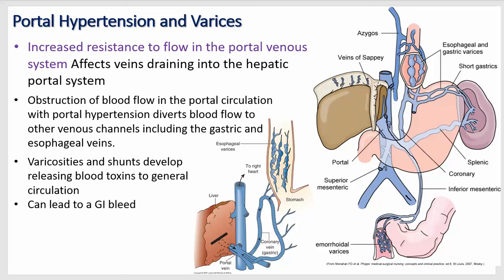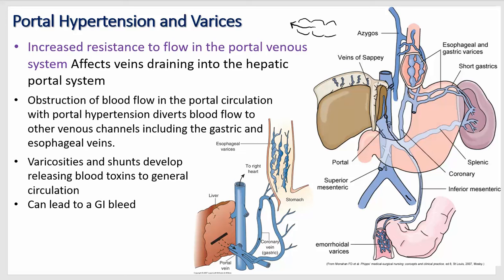And it causes something called varices. We've talked about varices as being these swollen areas. Not just varices, but it can also form shunts. Blood doesn't have anywhere to go. It's trying to go back to the liver, and you can see, these pictures aren't great, but they get the point across that it's building up and you're getting these varices.